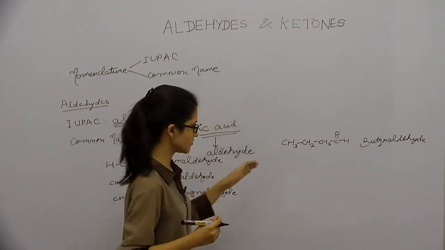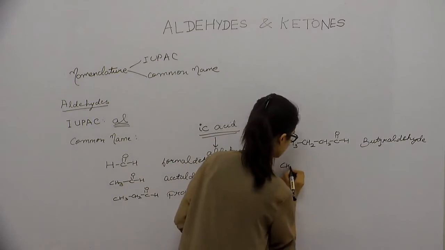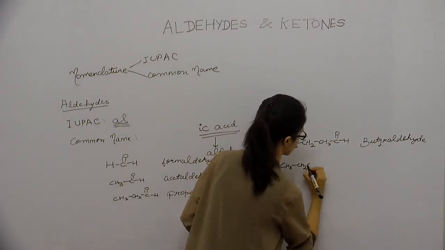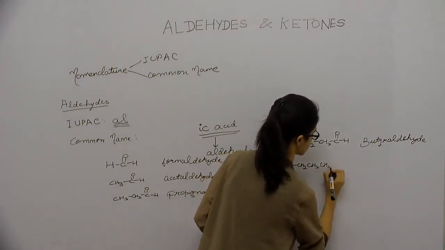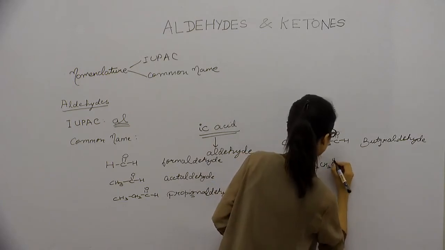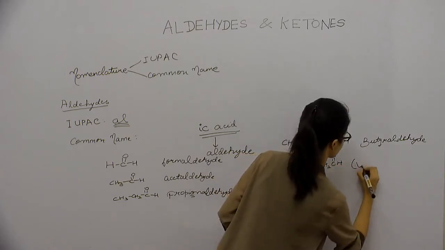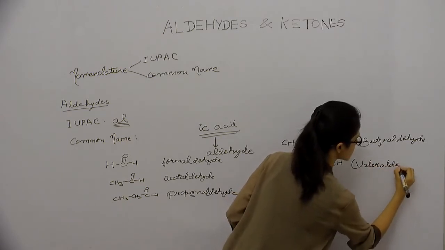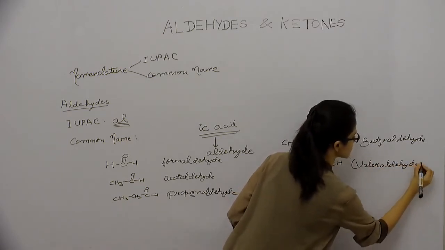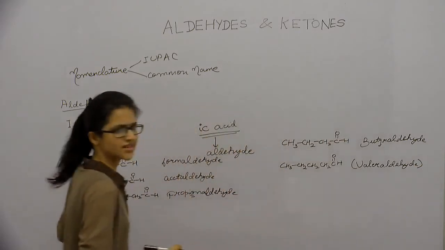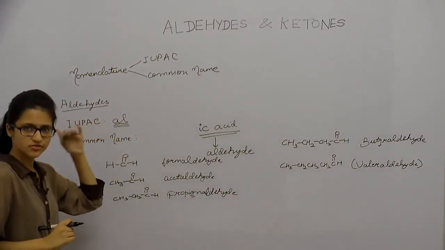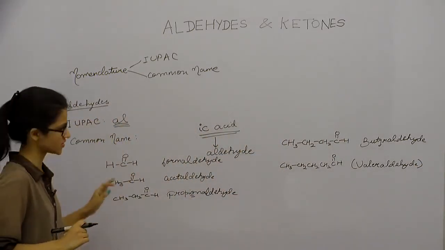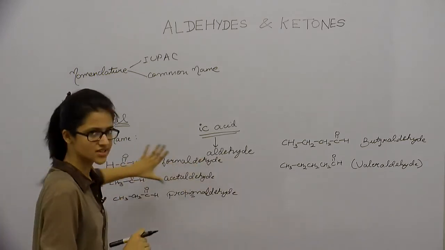So your 5 carbon chain, when we make one, I'll just make it quickly. 1, 2, 3, 4, 5. So this would be named as valeraldehyde. Now we can easily name the common names by the knowledge of carboxylic acid common names. These are some easy cases.